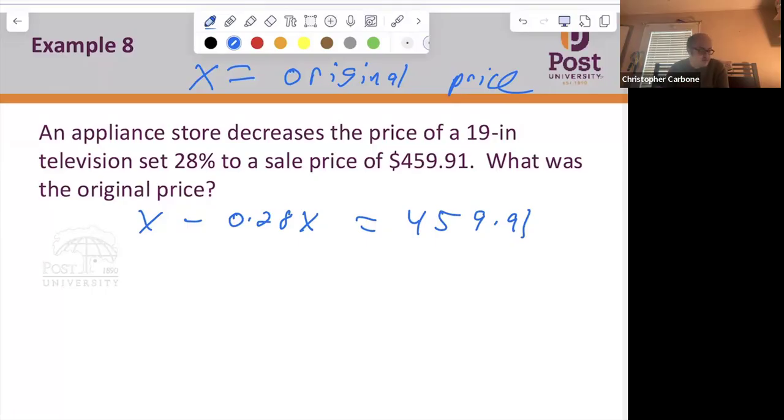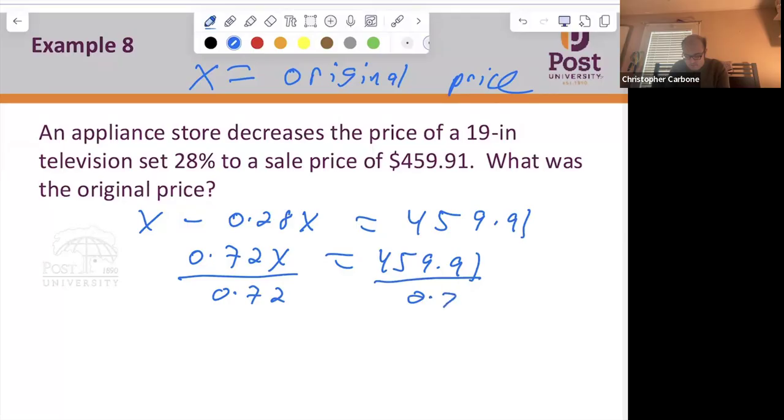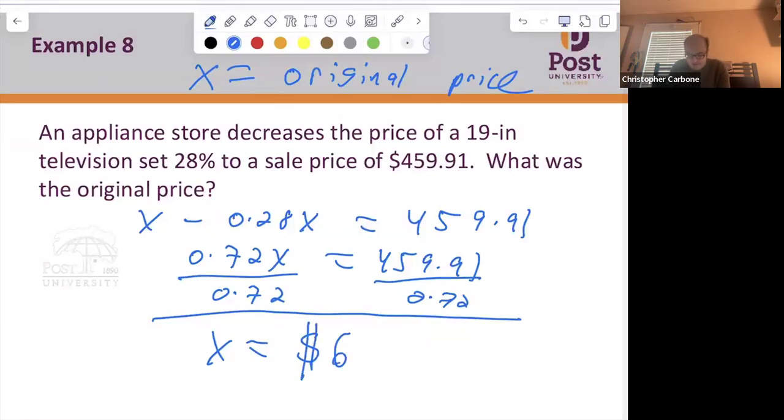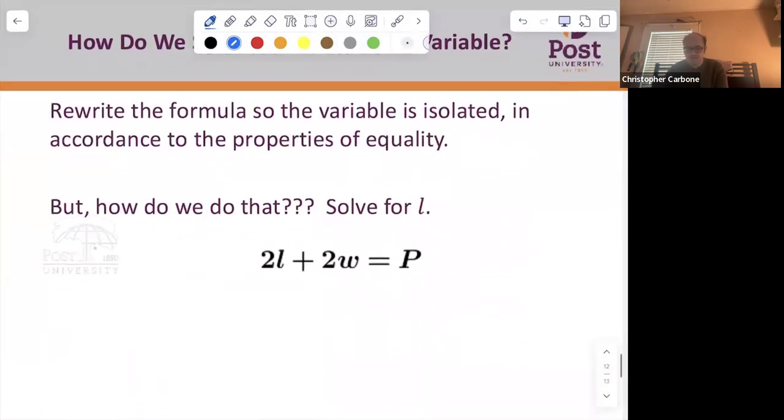So 1x minus 0.28x is 0.72x is equal to 459.91. And then dividing by that 0.72, it's going to give us an original price of $638.76 based upon that. So those were a bunch of word problems.